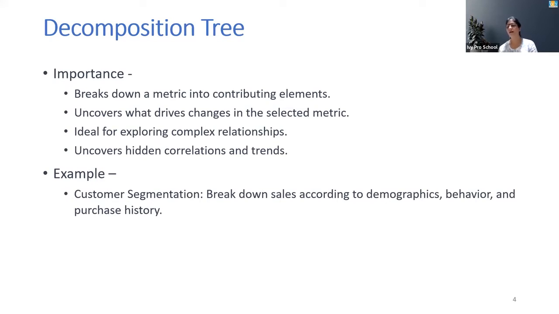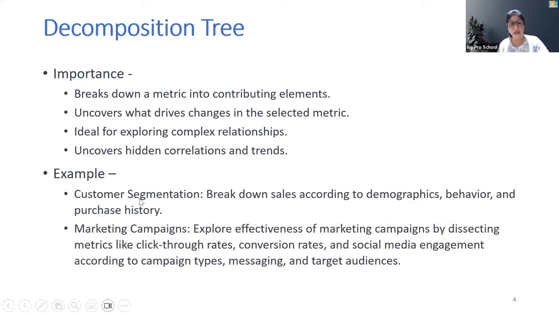I want to understand which customer is driving the sales of my business. What is more important? Is it behavior? Purchase history? Where the person lives? Ethnicity? What is more important? So I can use a decomposition tree to get the customer segmentation.